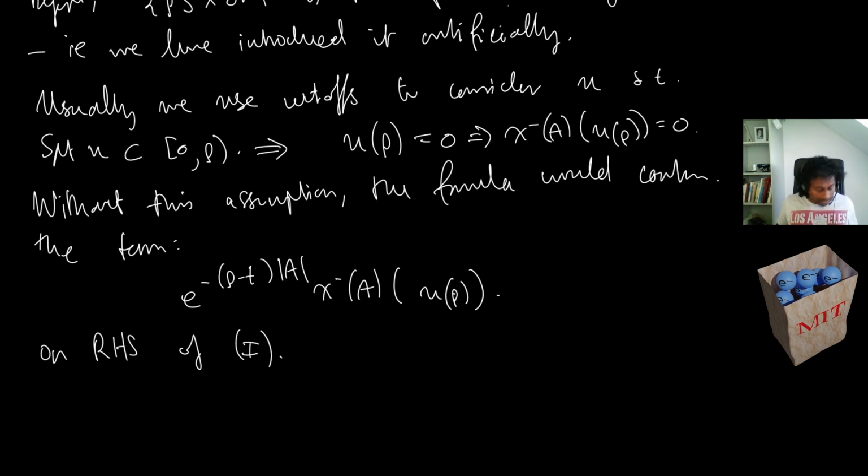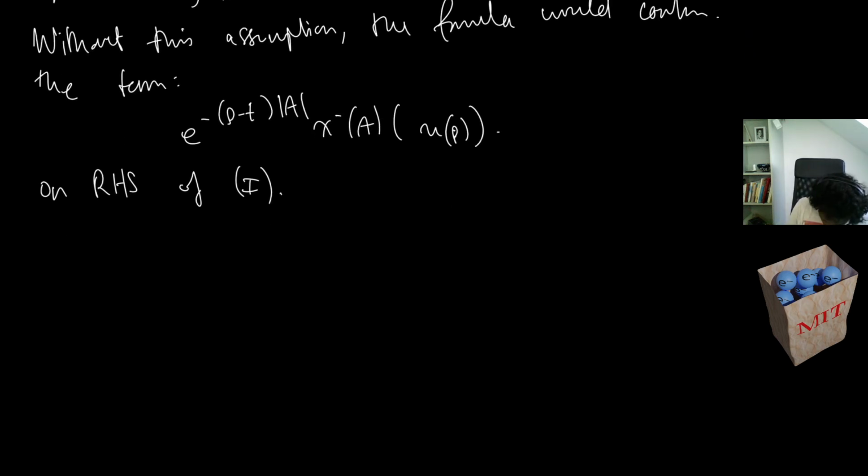Okay, so let's prove this, right? So how do we prove this? Are there any questions up to this point before I get into the proof of this? Okay, good.